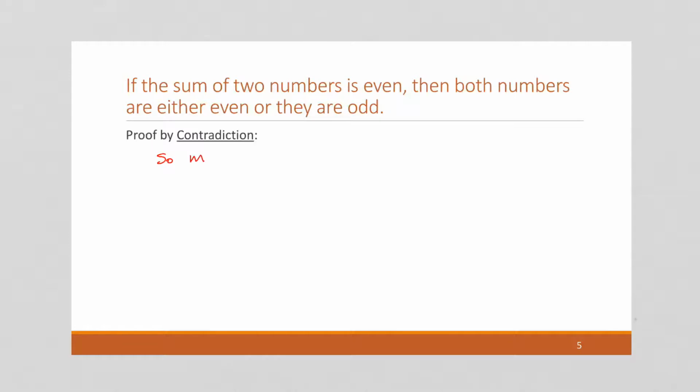So m plus n is going to equal 2k plus 2q plus 1 by substitution. And I can actually save some space.